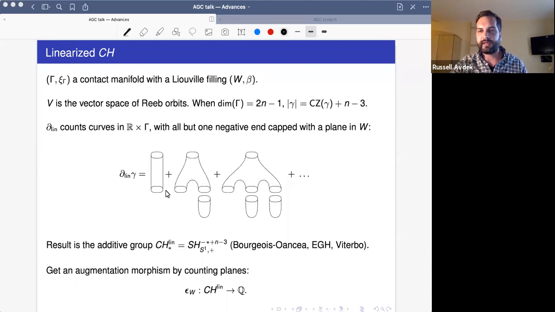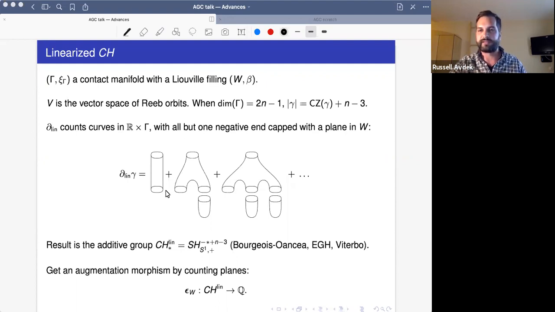We grade them according to Conley-Zehnder indices again, and we count holomorphic curves with 2 levels. The top level is a holomorphic curve in the symplectization with at least one negative end. Then we cap all but one negative end with a holomorphic plane in the filling W. This defines our linearized contact homology differential.